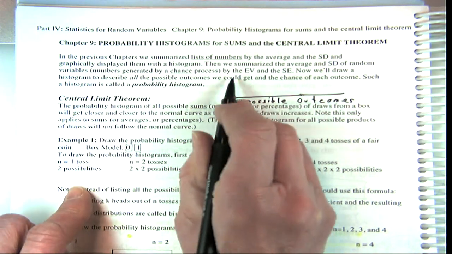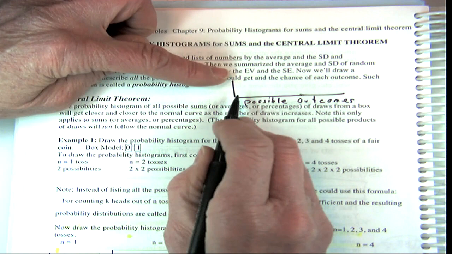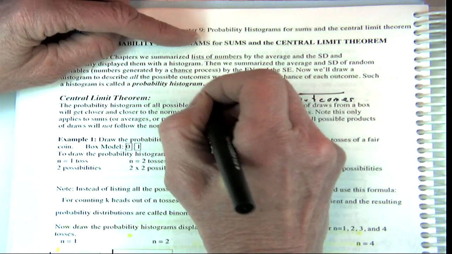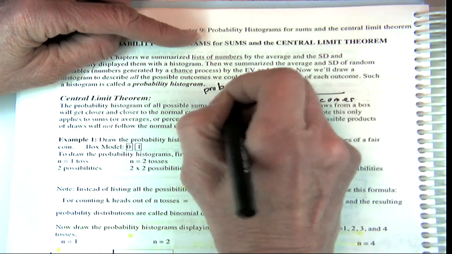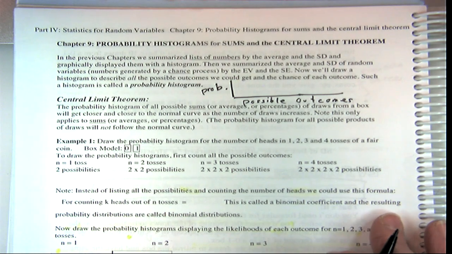And instead of having on this axis the density or the frequency of each of the numbers on our list, we're going to have the probability of each possible outcome. So it's going to look really, really the same. Okay?